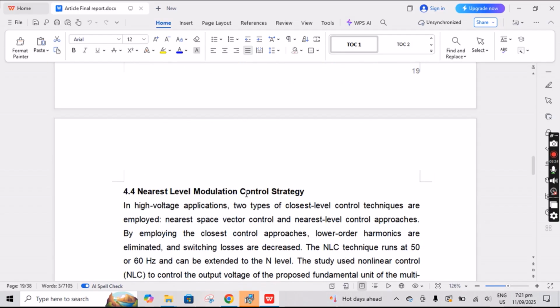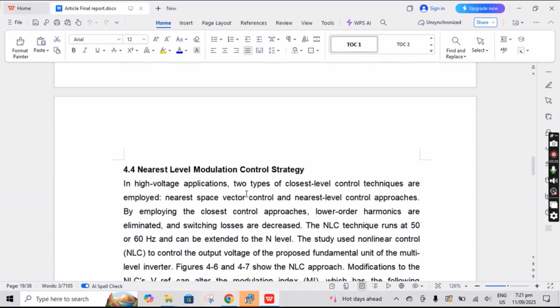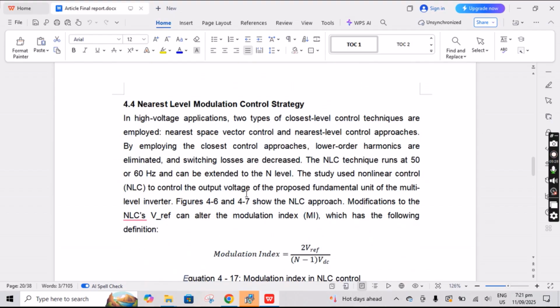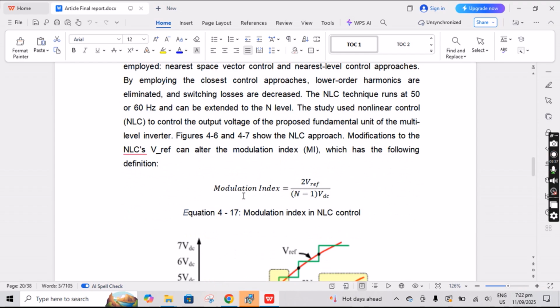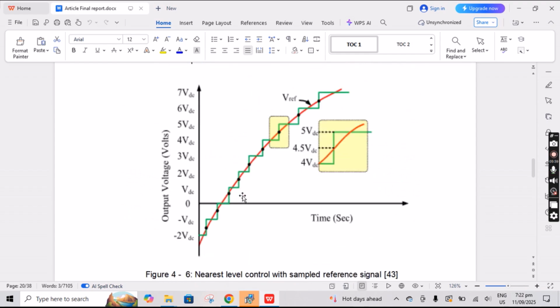The next part is the nearest level modulation control strategy, which uses the modulation index computed from the reference voltage and the DC voltage. These are the topologies we are using.